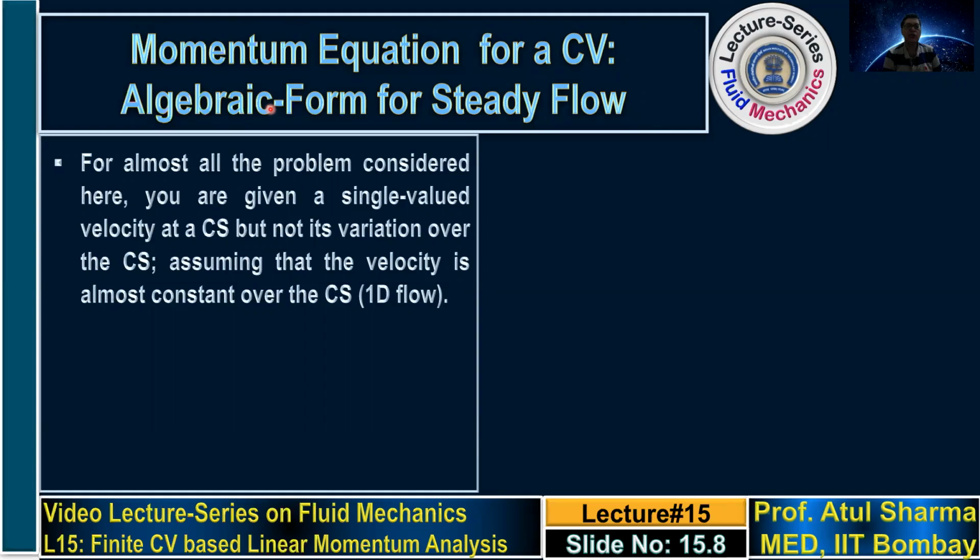You are given a single value, assuming that the velocity is almost constant over the control surface. So at all the inlets and outlets, you are given a single value velocity with which you will calculate the mass flow rate.